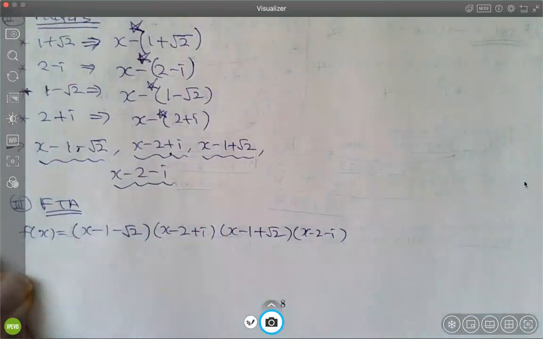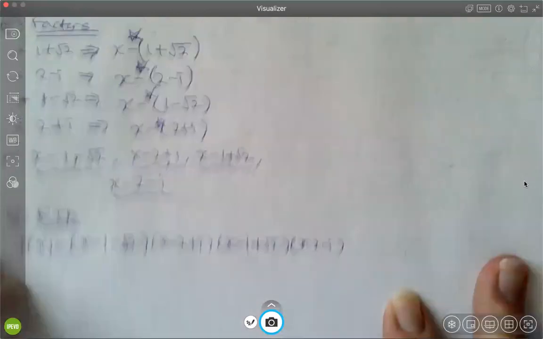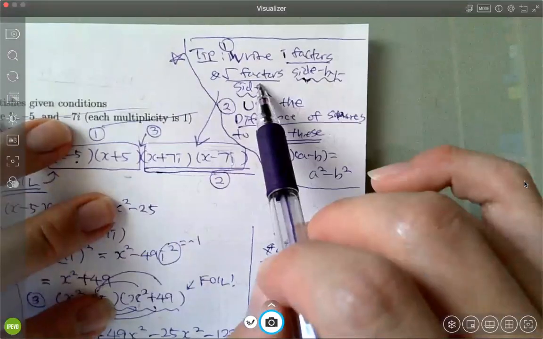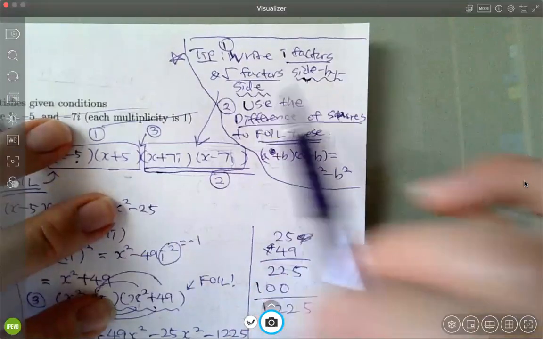Okay, so now this is fine, except what? Remember, what was my previous recommendation? Write the I factors and the square root factors side by side. So what does that mean?